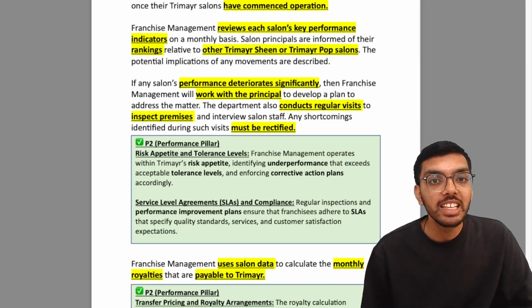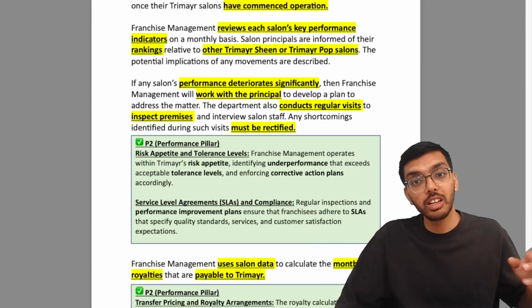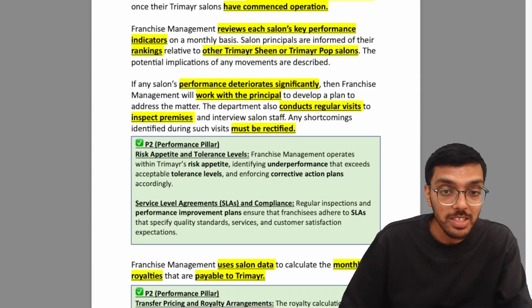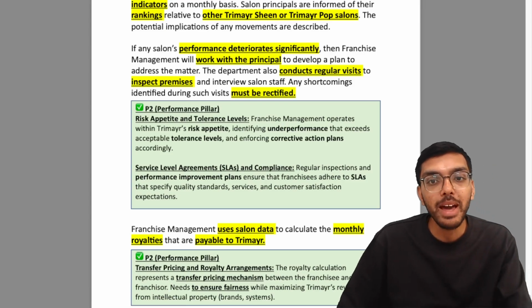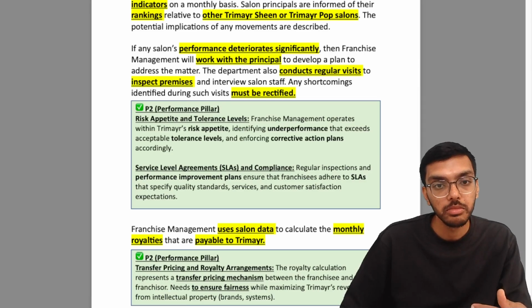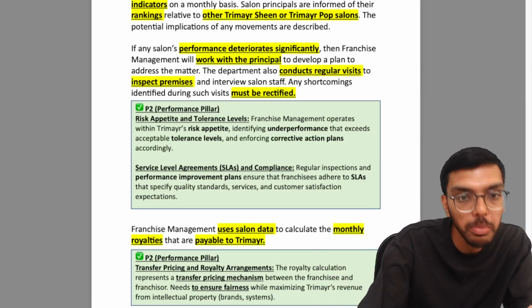So very clearly we have a recruitment function, and we have then a management function to help franchisees manage the business as much as possible. So franchise management operates within Trimayr's risk appetite. We are allowing, okay, some businesses might have underperformance.